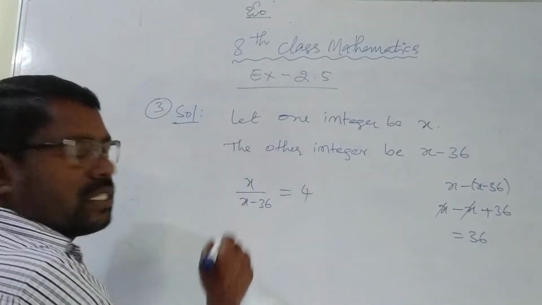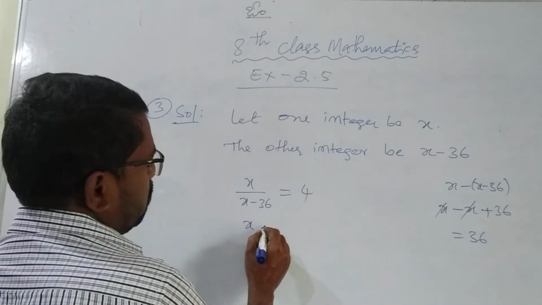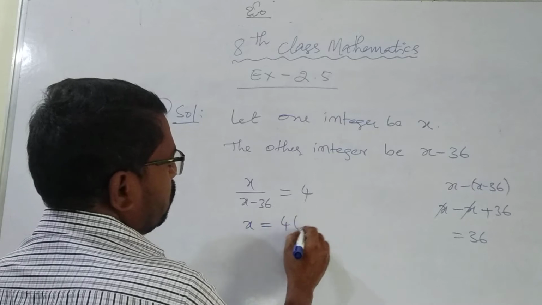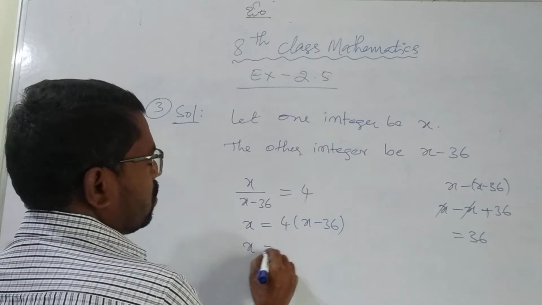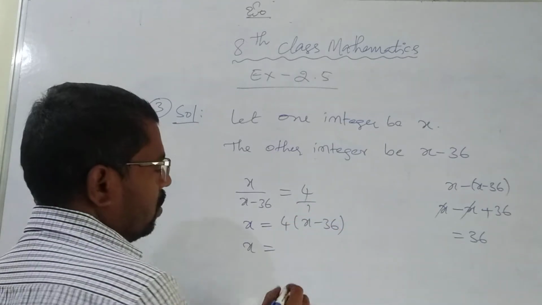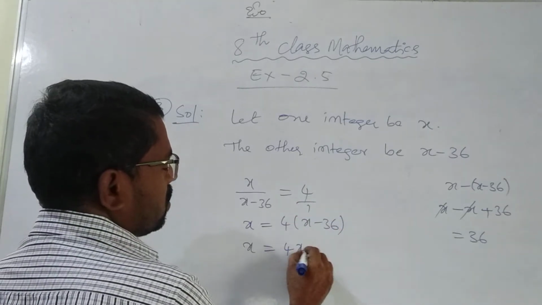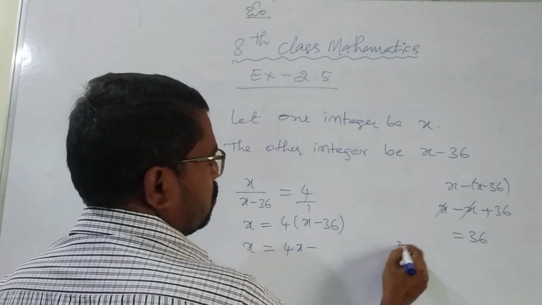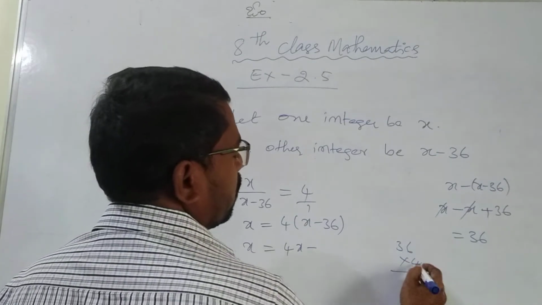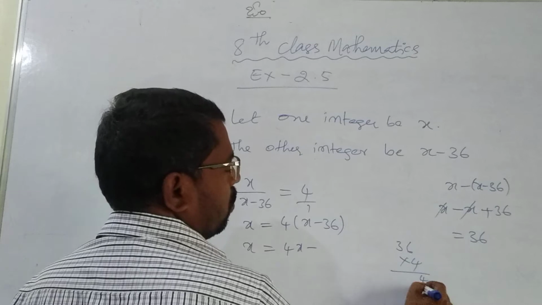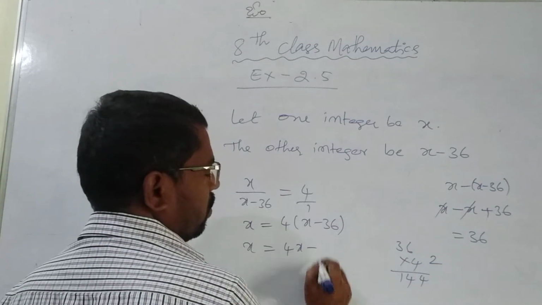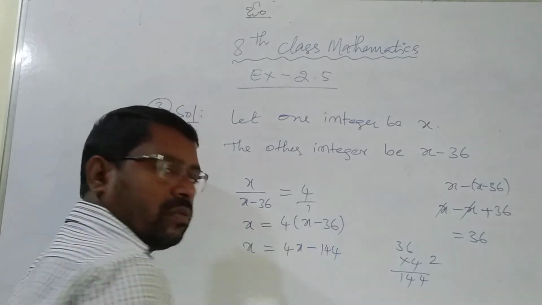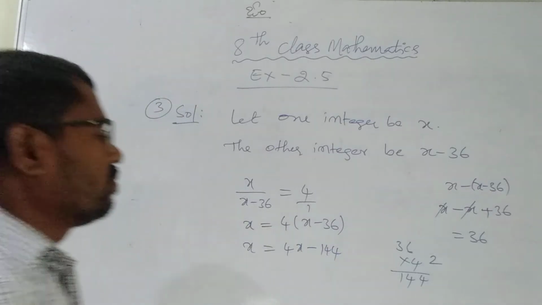Now children, you can cross multiply. x is equal to 4 into x minus 36. So x is equal to 4x minus 36 into 4, how much are you getting? You can multiply: 6 4s are 24, 2; 4 3s are 12 plus 2 is 14; 144 you are getting.